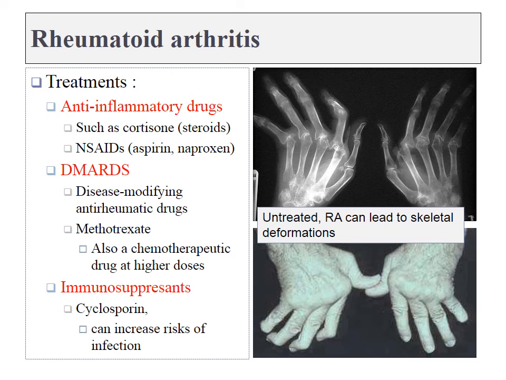To treat rheumatoid arthritis, we can either try and block inflammation with the use of anti-inflammatory drugs like aspirin and ibuprofen, or we can use drugs that target the immune system more directly, like methotrexate and cyclosporin. The risk of inhibiting the immune system is that this will increase the risk of other infections.